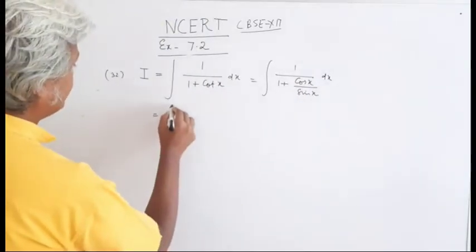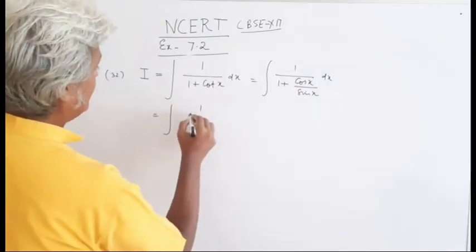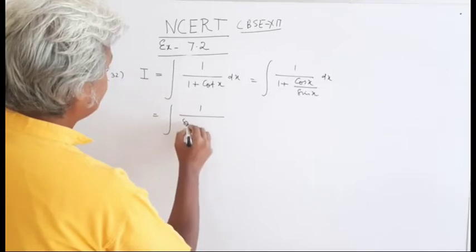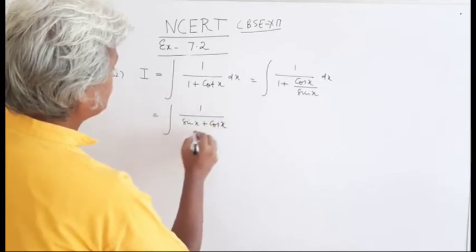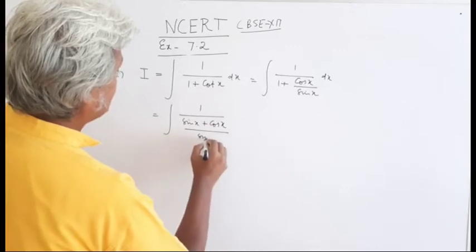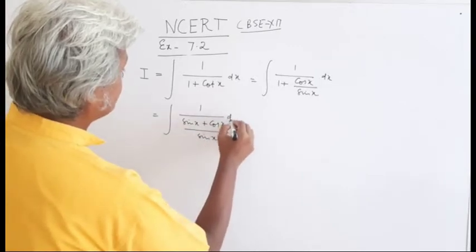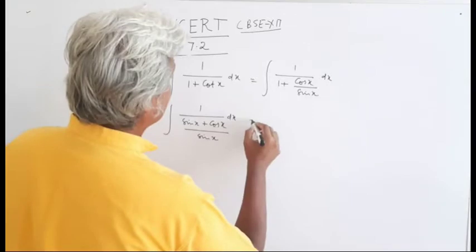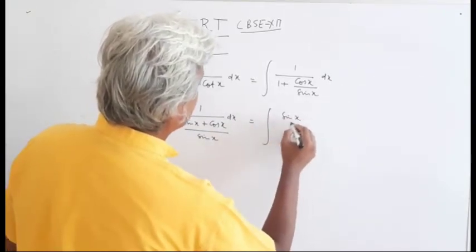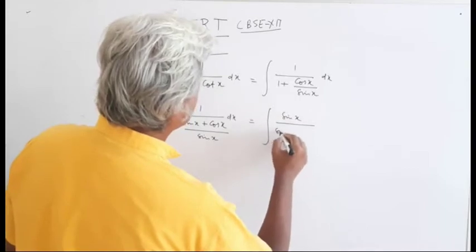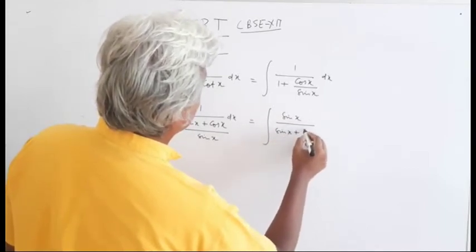On simplification this will become 1 over sin x plus cos x upon sin x dx. On further simplification this will become sin x upon sin x plus cos x dx.